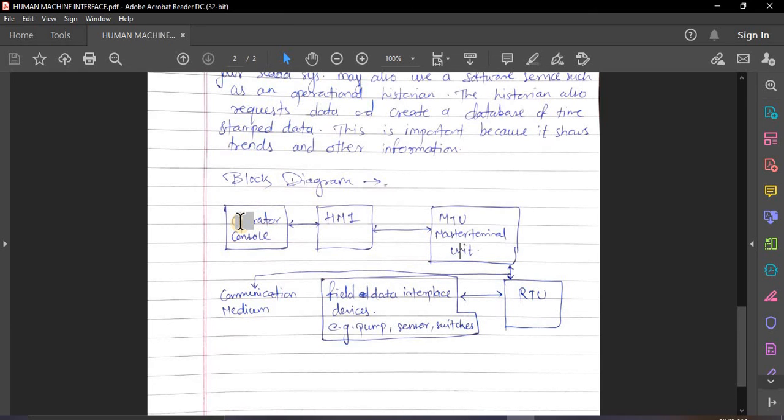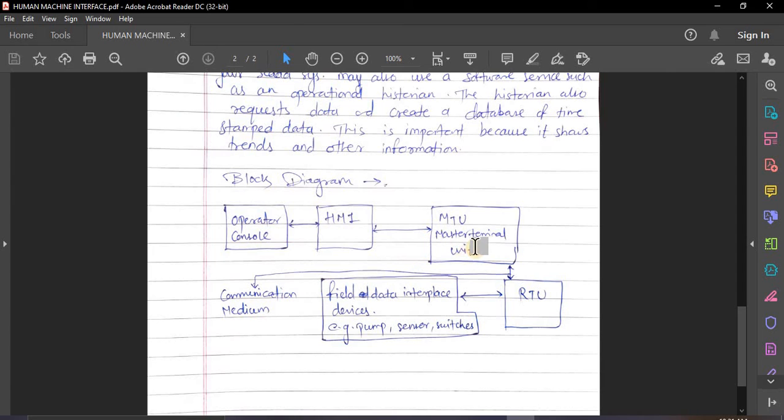With the operator console, you can have a user interface based on a particular operating system, and you can operate the different quantities which are required to change or manipulate the process. HMI is your machine interface between operator and machine.